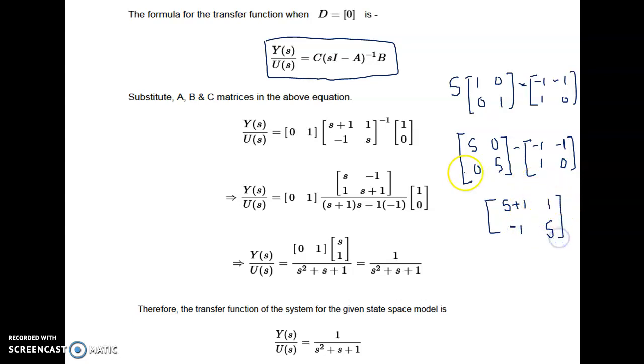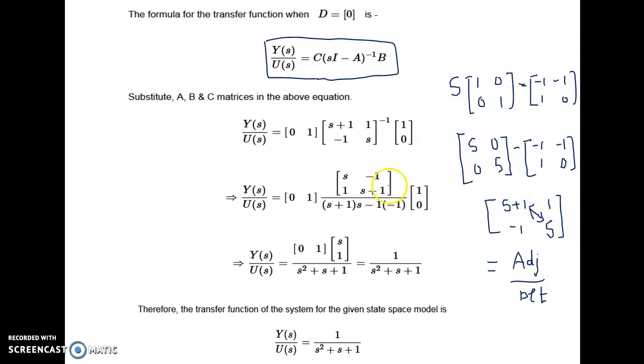So you need to find the inverse of this matrix. The inverse of a matrix, as we have already seen, is equal to the adjoint of the matrix divided by the determinant. So here the adjoint of a 2 by 2 matrix is, you need to interchange these two values.